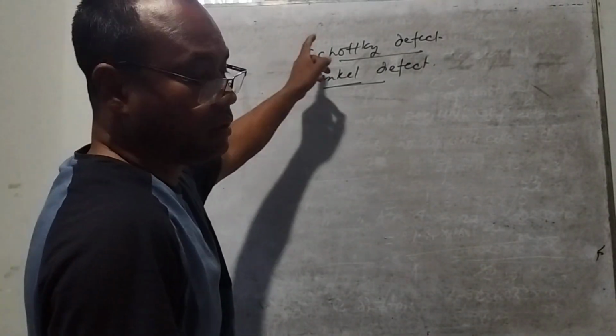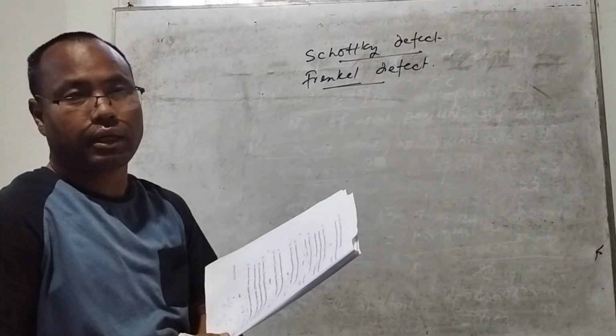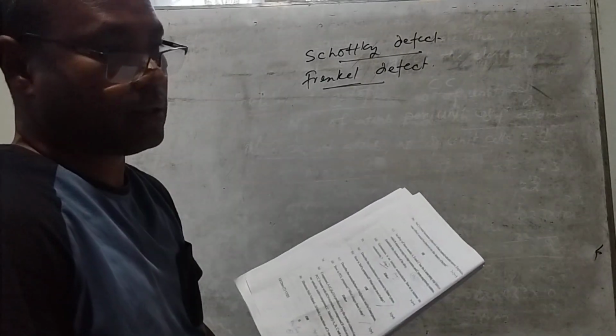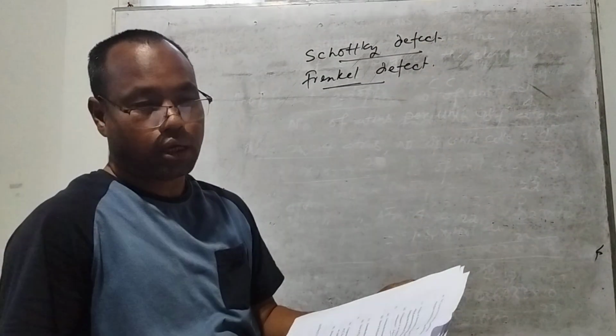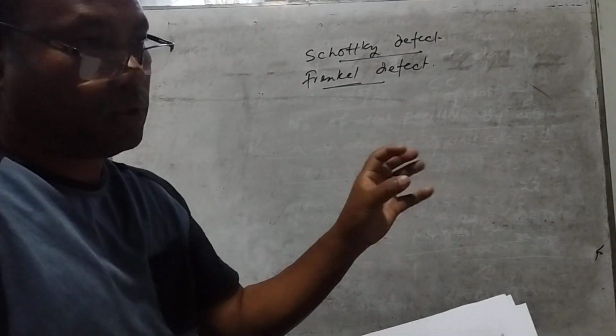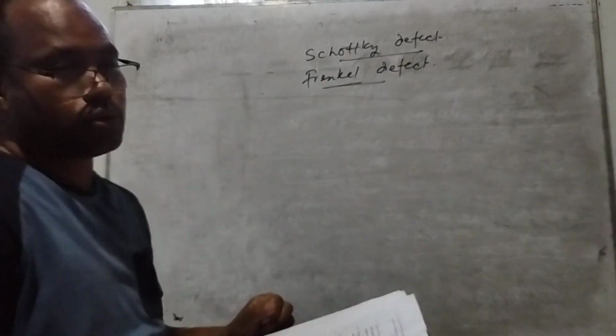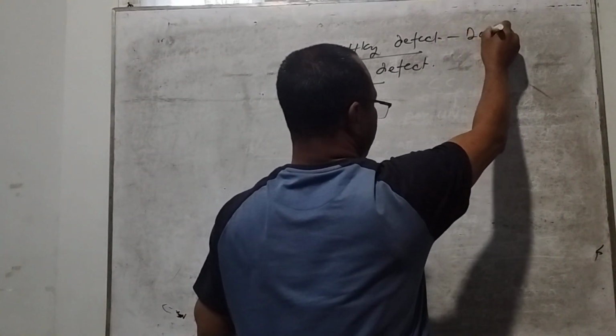In the Schottky defect, since the numbers of cations and anions are missing from their lattice sites, the number of ions decreases as well as the mass of the crystal decreases. The volume remains unchanged, so the density will be decreased.